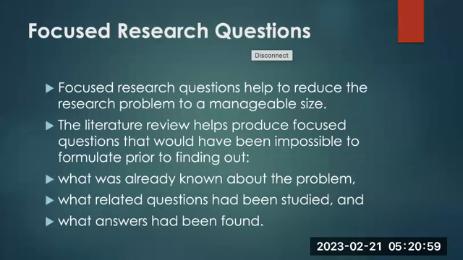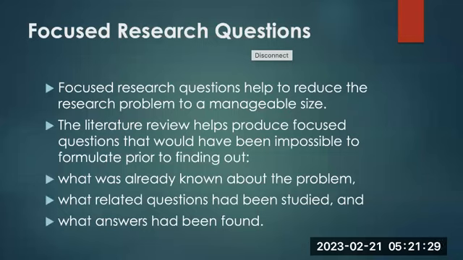Focused research questions help to reduce a research problem to a manageable size. And a good literature review helps you produce questions that would have been almost impossible to formulate prior to finding out what was already known about the problem, related questions that have been studied, and answers that have been found.